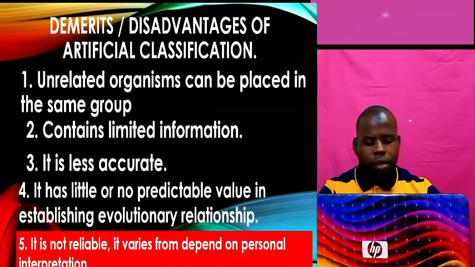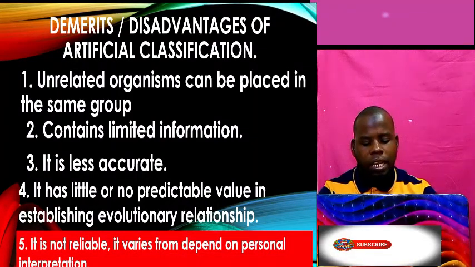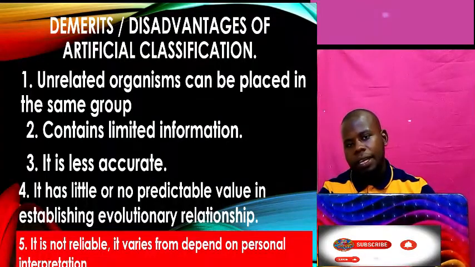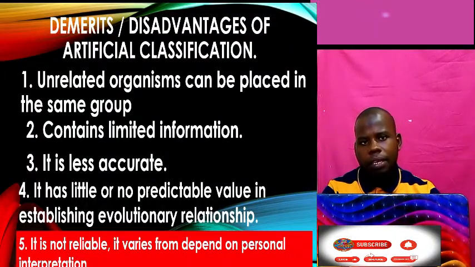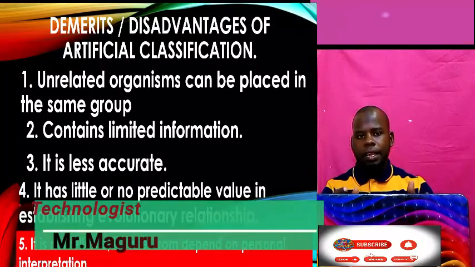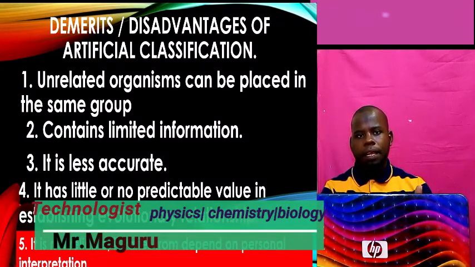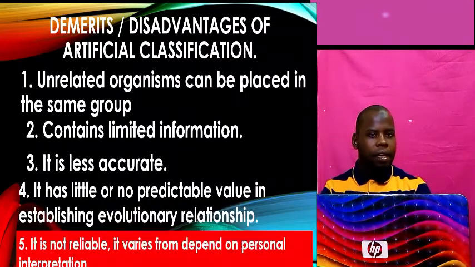Another disadvantage is that it is not reliable. It varies and depends on personal interpretation. You can meet, let's say, a bird, as we said before. The birds are flying.